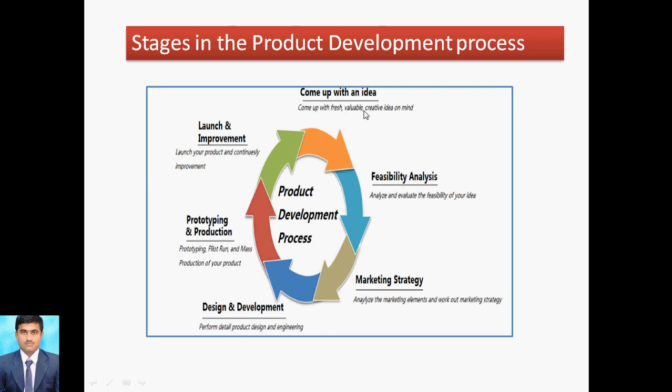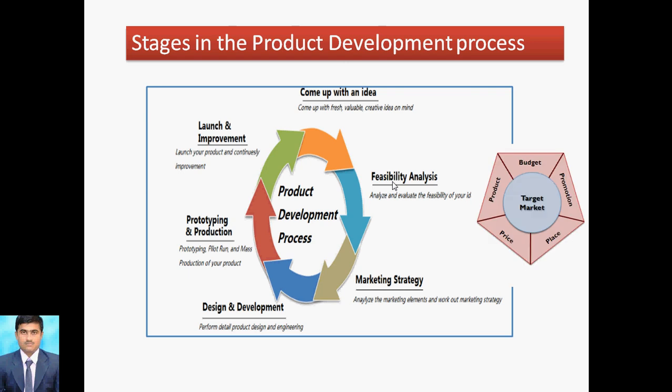After selecting the different solutions for this idea, we go to the feasibility study, which involves technical and economic studies. Then we go for marketing strategy, planning product, price, place, and promotion.